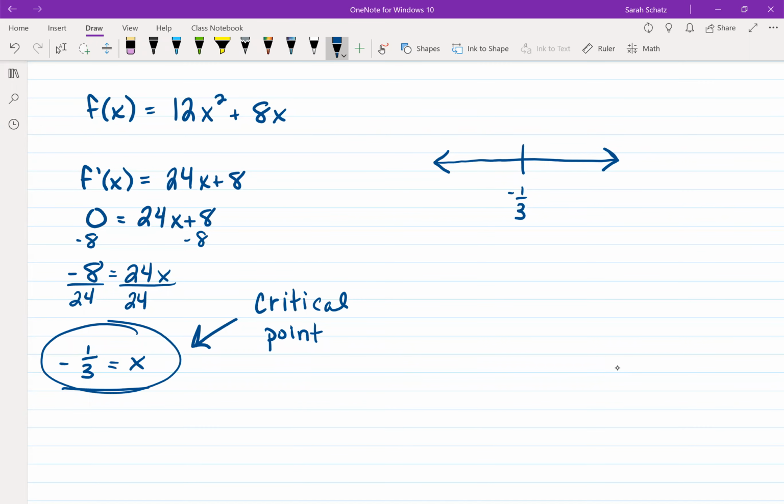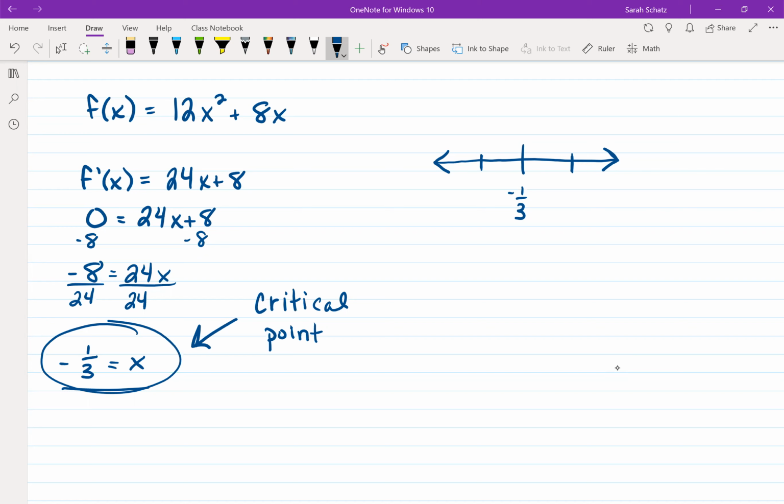Now what we did was we picked a value over here and one over here, and I tested those values in my derivative. Here's what I'm looking for. I want to know, on the left side of negative 1/3, is my derivative positive or negative? What's that going to tell me? It's going to tell me if it's moving up or moving down there.